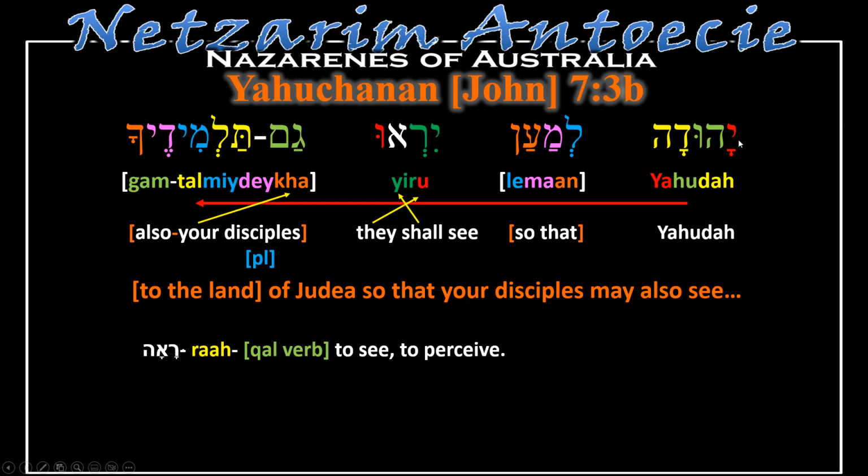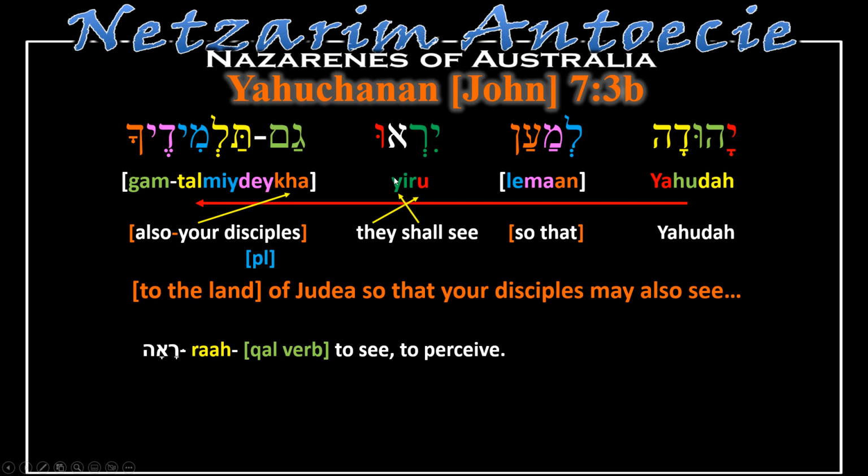And then we get 3b. We have Yod, Hey, Vav, Dalet, Hey, Lamed, Mem, Ayin, Nun sofit, Yod, Resh, Aleph, Vav, Gimel, Mem sofit, Tav, Lamed, Mem, Yod, Dalet, Yod, Kaf sofit. And we read it. Yehuda. We know, of course, Yehuda is Judea. Lema'an, so that yir'u, they shall see.